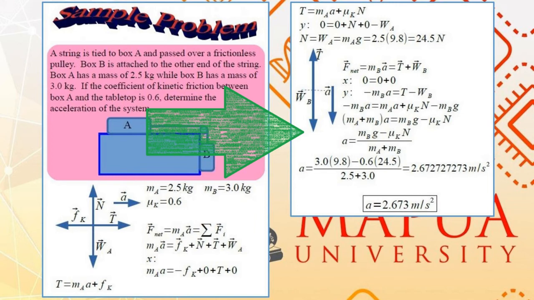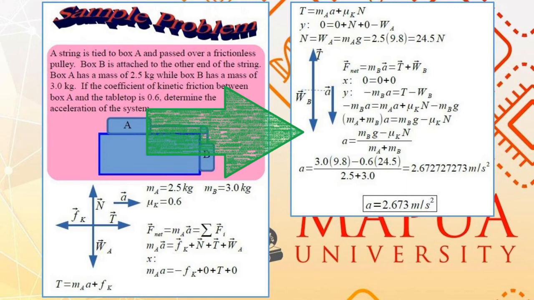Going now to the second object, box B, you have the following free body diagram. You have vertical tension in the upward direction and vertical weight B in the downward direction, and the acceleration of object B is vertically downward. Analyzing using F net, F net is equal to m a because the system is accelerating.